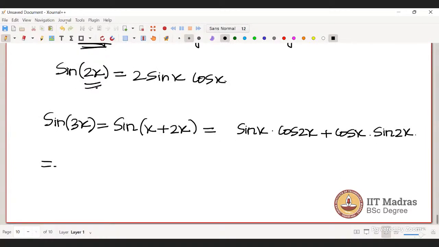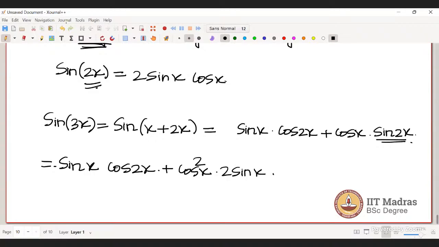So sin x cos 2x, and here we know what sin 2x is, 2 sin x cos x. Oh, okay. So I can say cos x times 2 sin x cos x. Yep, right. And then sin x comes common.